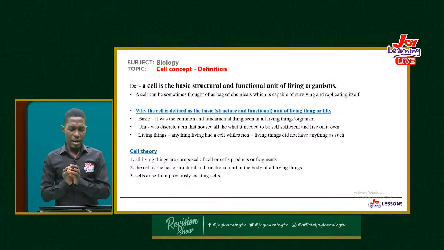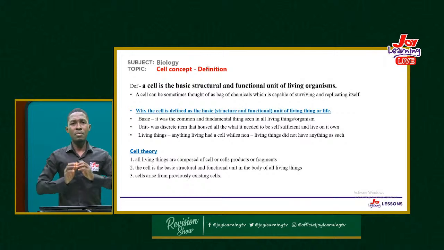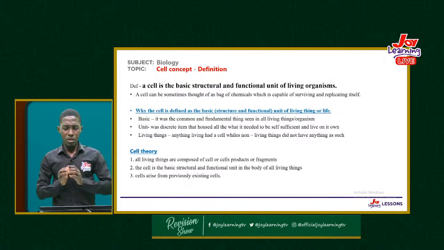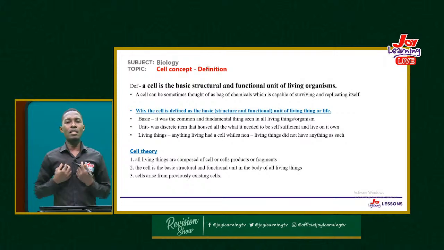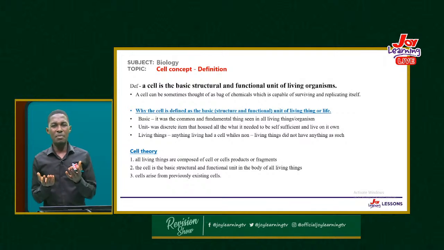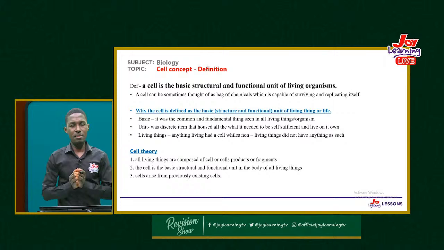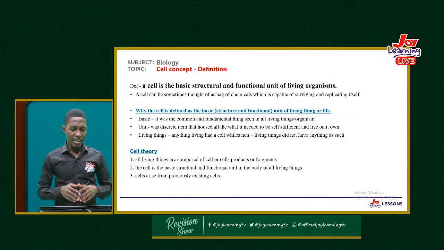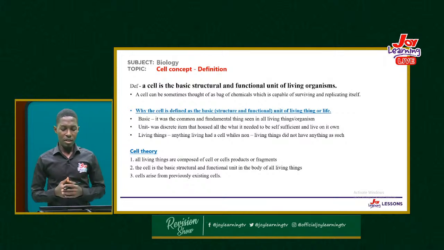It's a discrete item that can house its own biochemical processes, survive on its own, and is self-sufficient. For you as a human being, you may think all cells are in you, but for a unicellular organism, everything is going on in that one thing. So we say a unit. Then the last thing is that all living things have it. That means a living thing has a cell, while non-living things do not have anything as such.